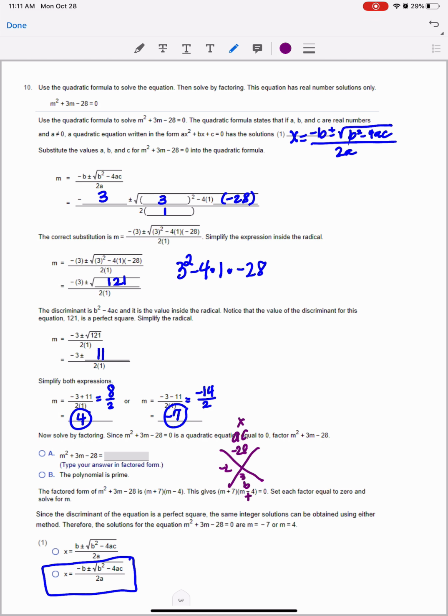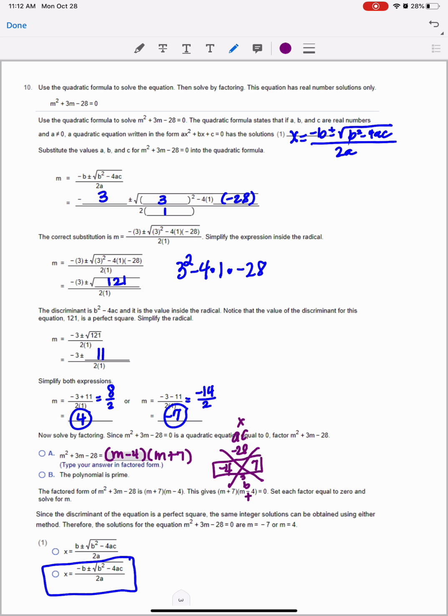That is negative 4 and 7. So what is this factor to be? Usually it's x, but because my variable here is m, we have m minus 4 and m plus 7. Okay, and of course that can be switched.